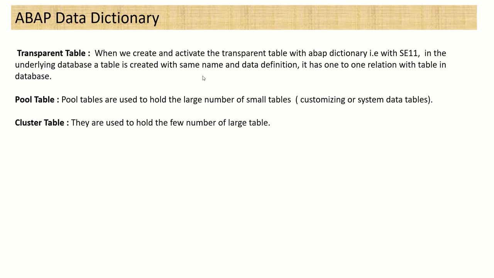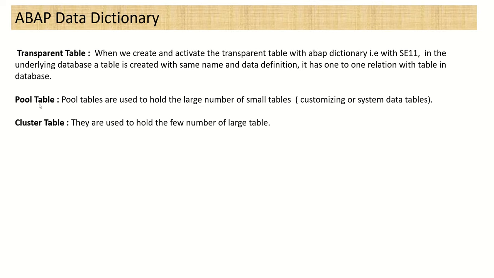Whenever we create any custom transparent table with SE11, a one-to-one table with the same name and same definition is created in the database. As I explained, pool and cluster tables are used by SAP only. We don't create those tables.